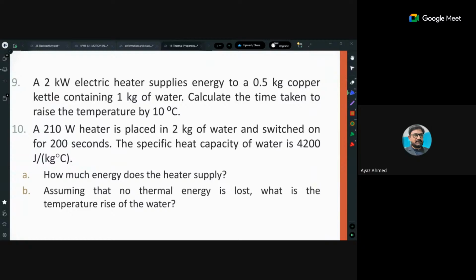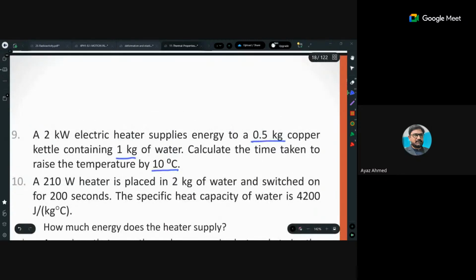A 2 kilowatt heater is supplying energy to a 0.5 kg copper kettle containing 1 kg of water. Calculate the time taken for the rise in temperature by 10 degrees centigrade. These types of questions are asked when there is an electric heater. I told you that when power is there, you will write power into time is equal to mc delta theta.